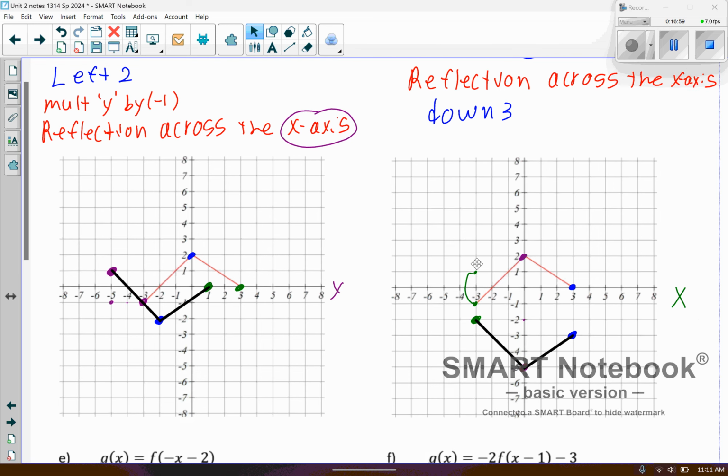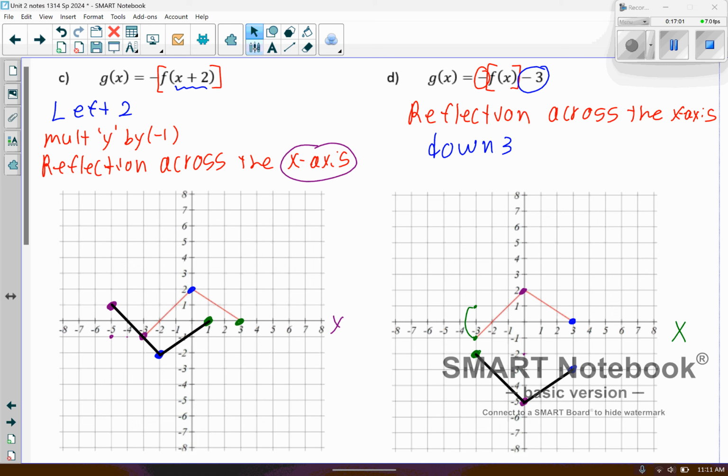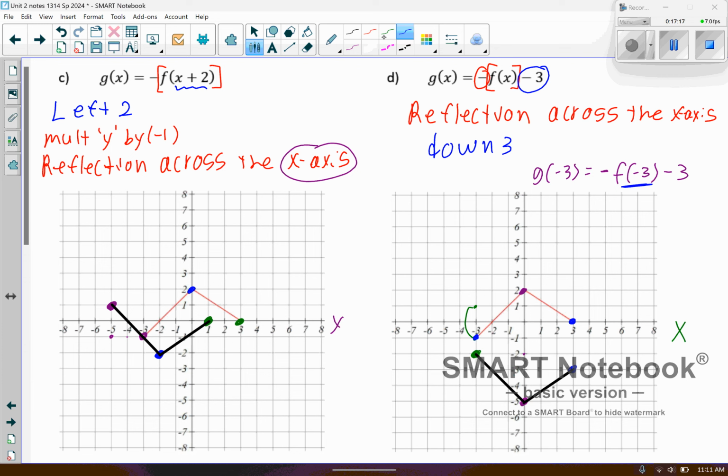And I'll just go ahead and show you the algebra real quick just so you can see that. So if I were to do, for example, g of -3, that would be equal to -f of -3 minus 3. Well, what's f of -3? Well, that would be this point right here. Right here, that would be that point. And so f of -3 gives me a -1, right?